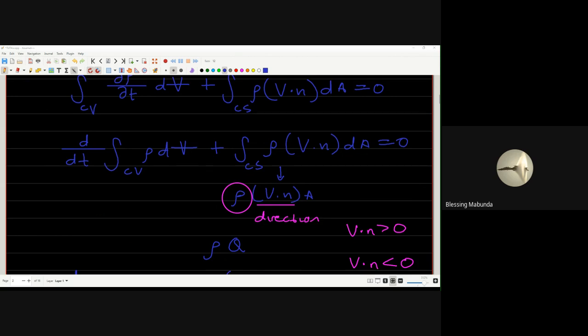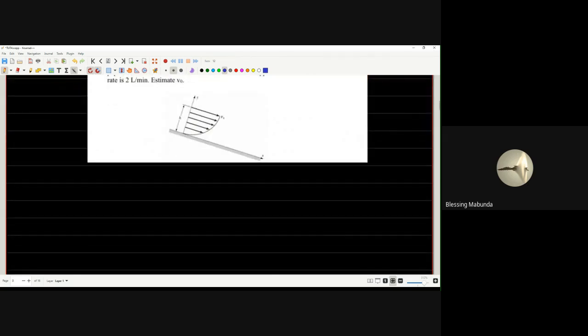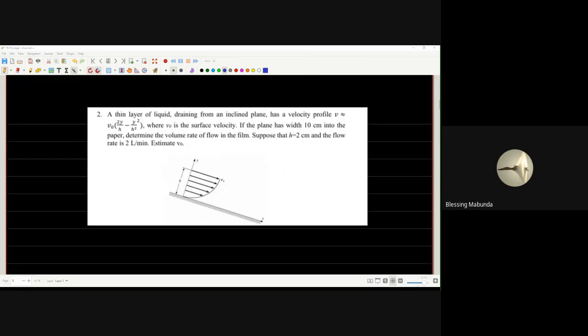All right. We're given that a thin layer of liquid draining from an inclined plane has a velocity V equal to V naught multiplied by (2y divided by h minus y squared divided by h squared), where V naught is the surface velocity.